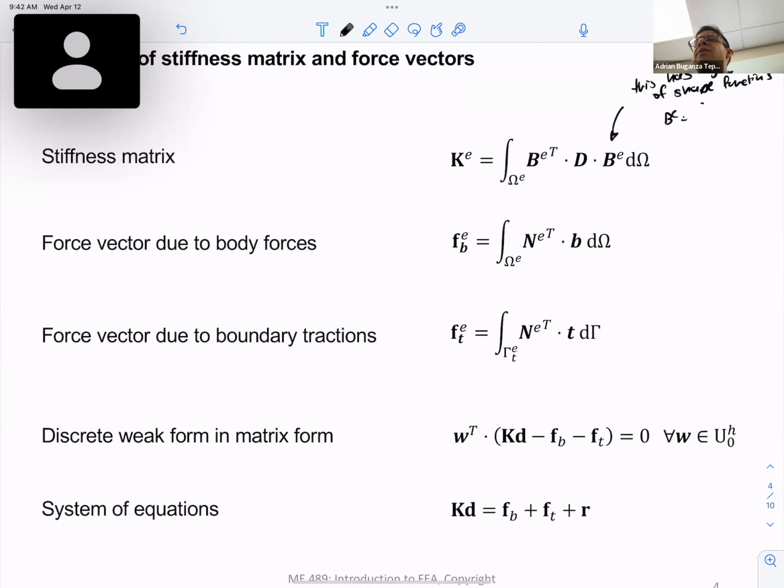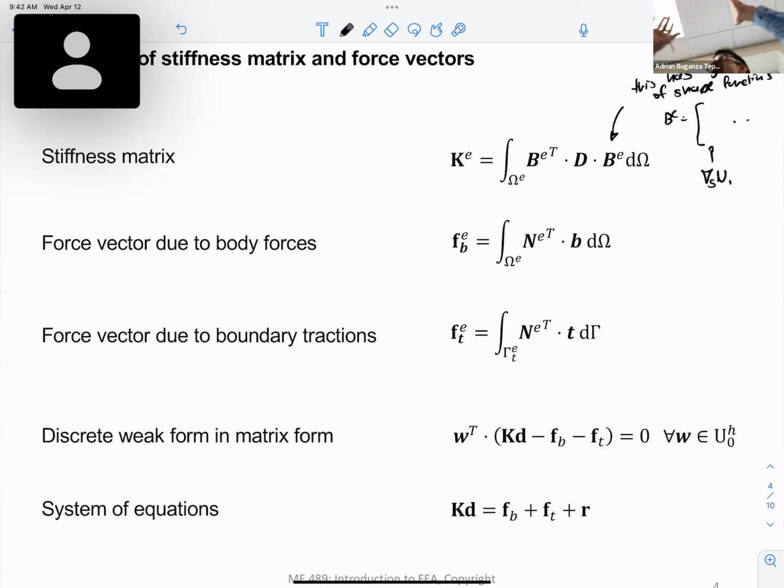Basically the B matrix has per column, for example, the first column is this gradient of N1, and so on.